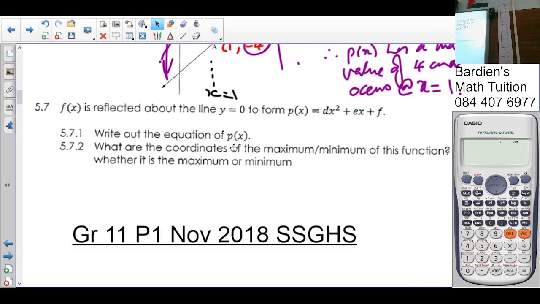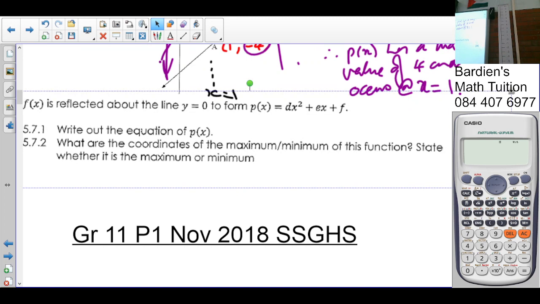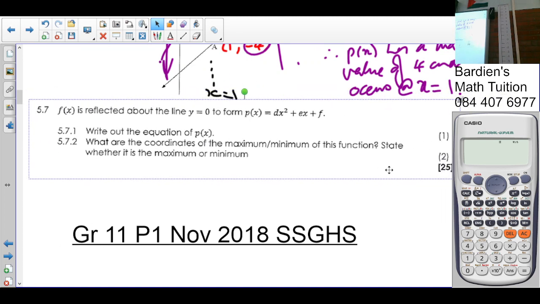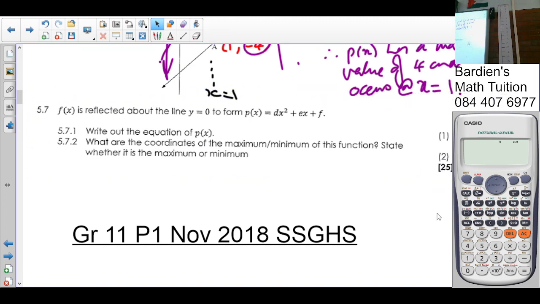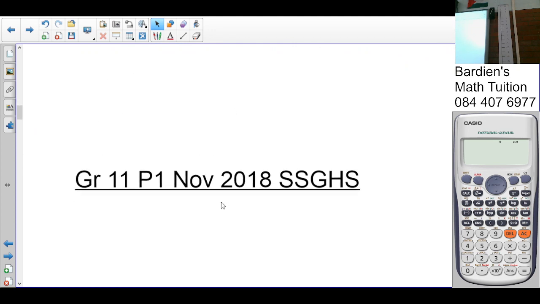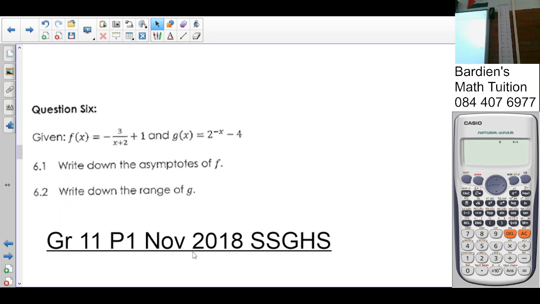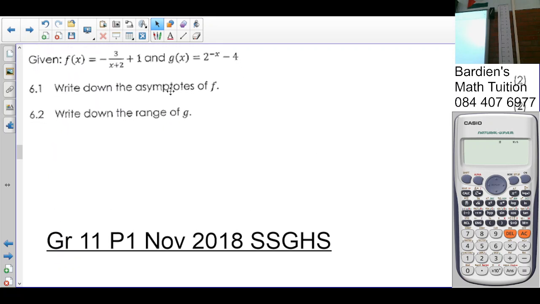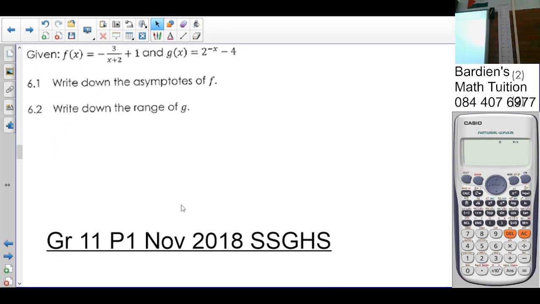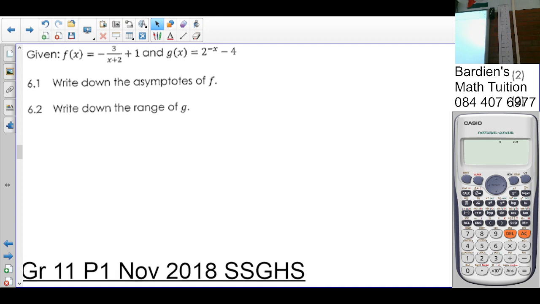Okay, put it in here a bit. Let's see. What's the question? Question 6. In question 6, we are given f of x equal to negative 3 over x plus 2, plus 1, and g of x equal to 2 to the negative x, minus 4.